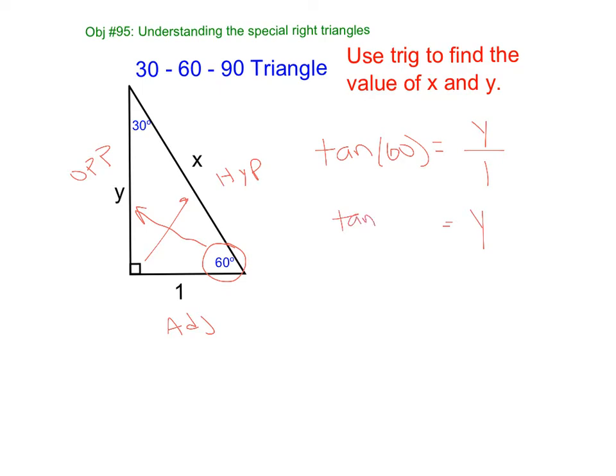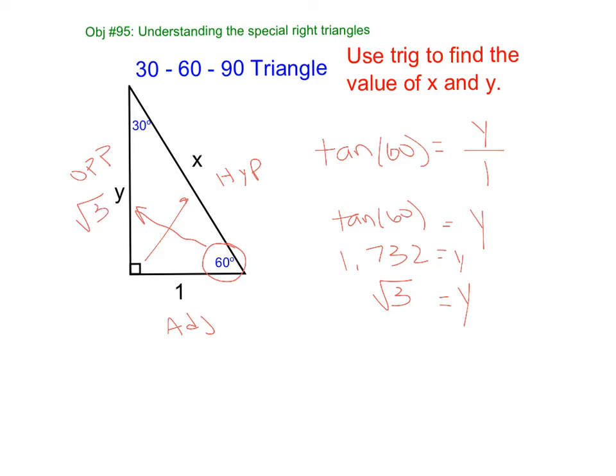Tan of 60. Now, if we put that in the calculator, we get this weird number, 1.732, but that actually equals the square root of 3. And you can see that those two decimals are the same.